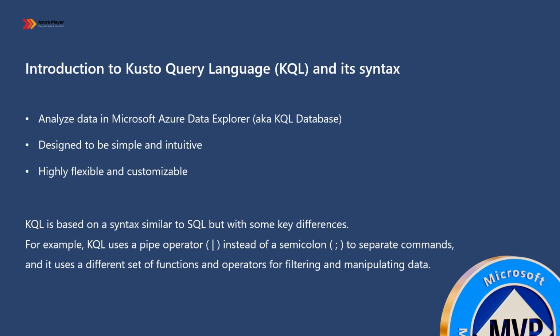KQL is based on syntax similar to T-SQL, but with some key differences. For example, to separate commands in T-SQL you use a semicolon, whereas for KQL commands you use the pipe operator. We'll see that during the demo.